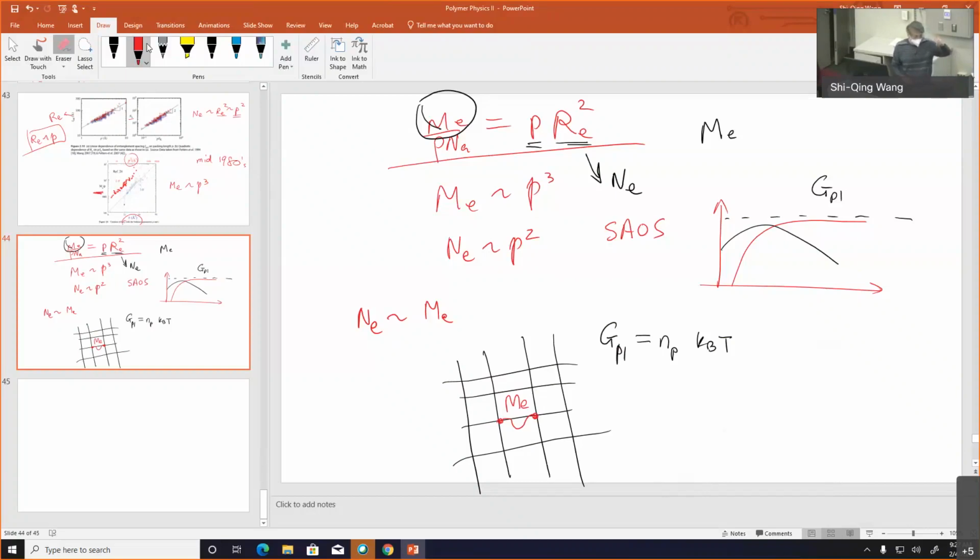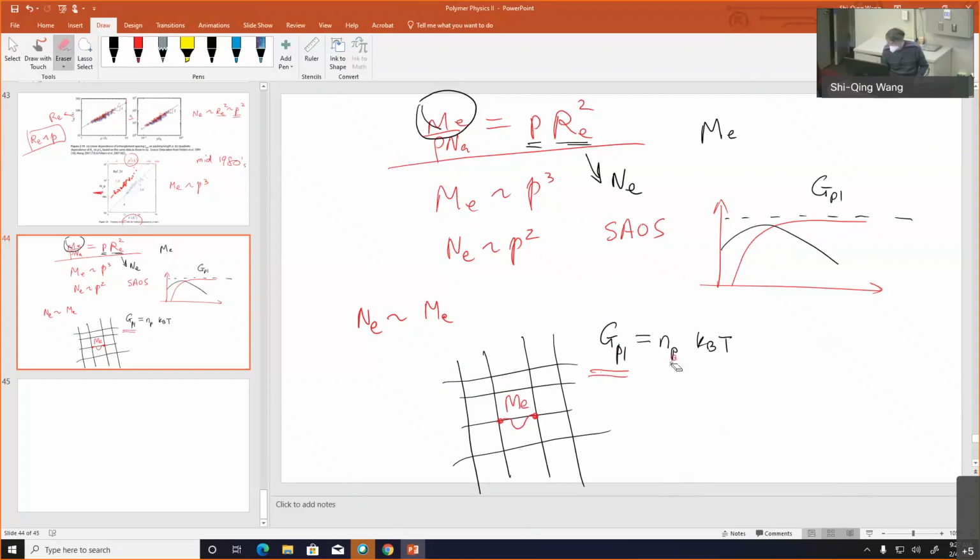The level of elasticity in terms of stiffness is reflected in G. Is reflected in what is ME for this PDMS. Is reflected in, therefore, the value of G here. And therefore, I need to do a slight modification.